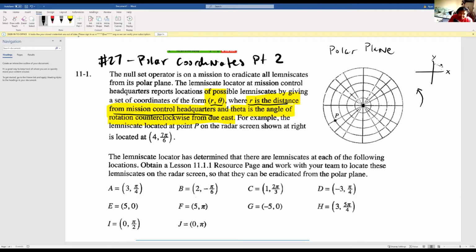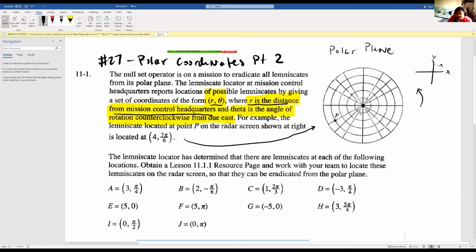So, for example, the lemniscate located at point P on the radar screen shown at right is (4, 7pi/6). This is that point right there. These rings represent units away from the origin.